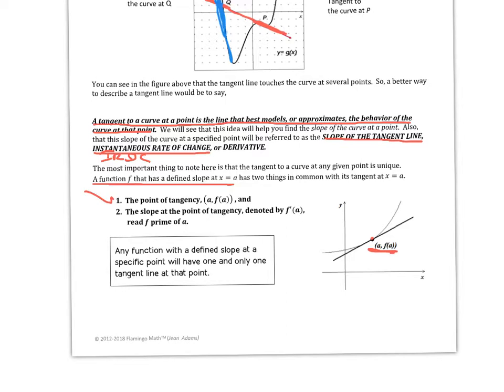If we wanted to find the slope, we would do this, and this is called the derivative. It's read as f prime of a. So take a look at this. Any function with a defined slope at a specific point will have one and only one tangent line at that point. So each point on the curve will only have one tangent line. All right.